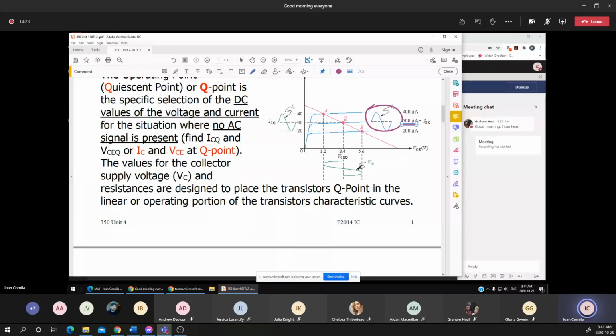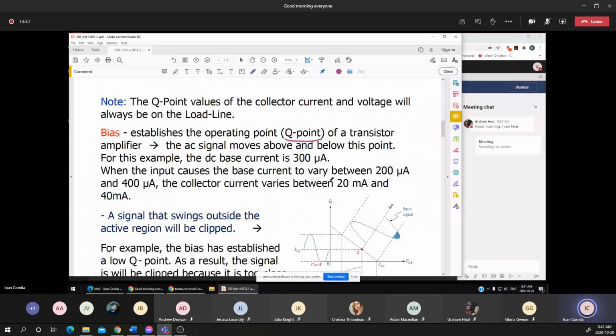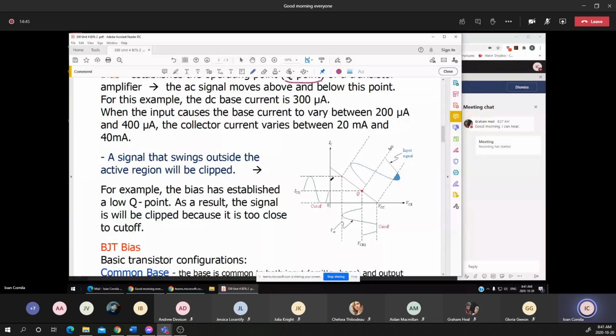You notice that in terms of the voltage, again, we have the replica of the input AC voltage as an amplification, or a gain in terms of the current or in terms of the voltage. I explained why it's so important to choose the Q point in the middle of the load line.